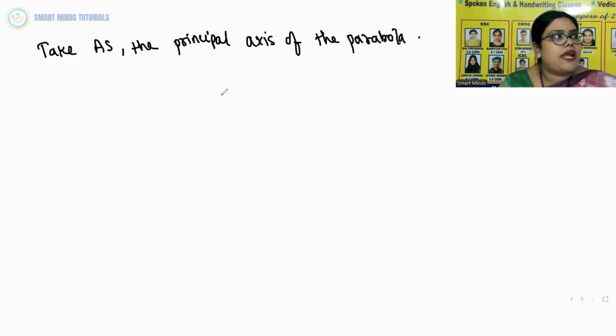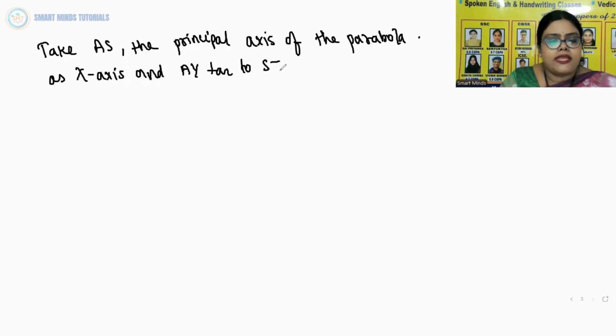Now again look at the figure. Take AS as x-axis. So AS is nothing but the principal axis of parabola. Principal axis means what? A line which divides the parabola in two equal halves. That is the principal axis which is passing through the center of the parabola. So we are taking AS as x-axis and AY perpendicular to SZ as y-axis.